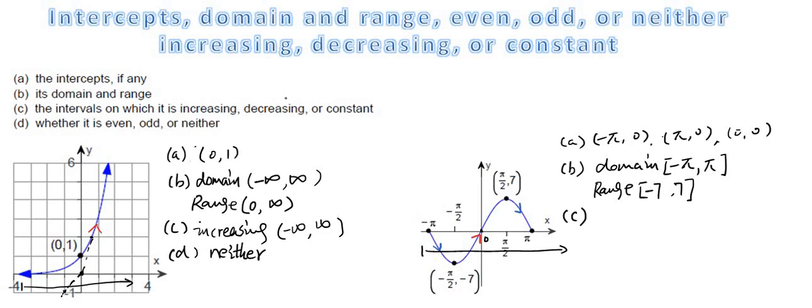So very clearly we can see there are two parts where the curve is going down, or decreasing, and one part where the curve is increasing. So we can write down the interval, and be careful, the interval is about x values.